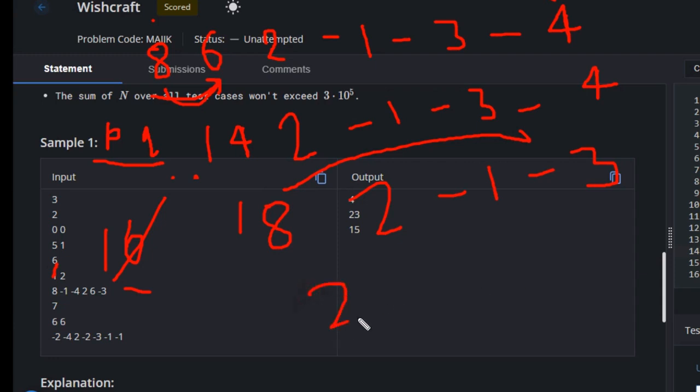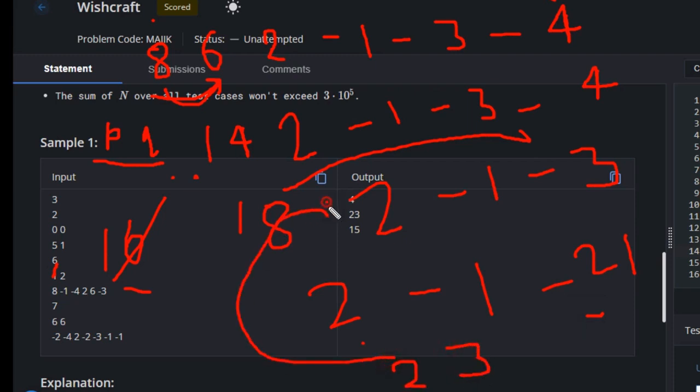That will give 2, minus 1 and minus 21, the least being minus 21 basically. If we take this element and subtract them, then the answer will be 23, and that is your answer you can see here. So that is the solution.